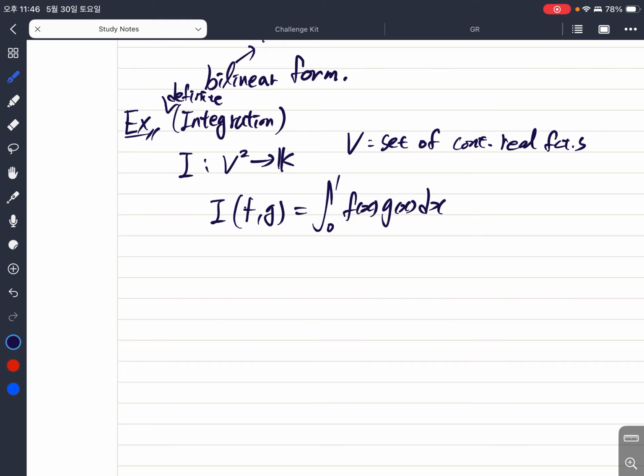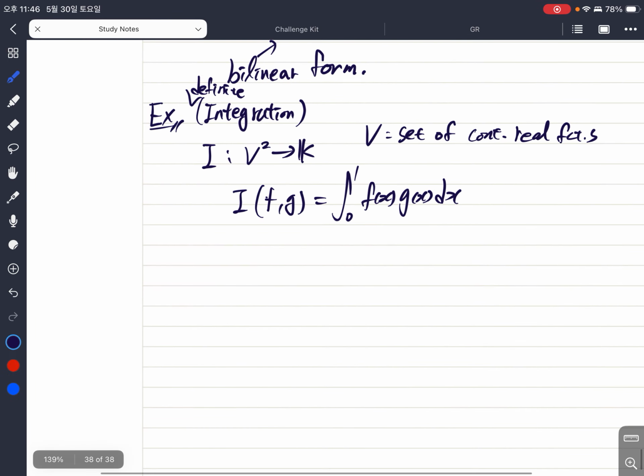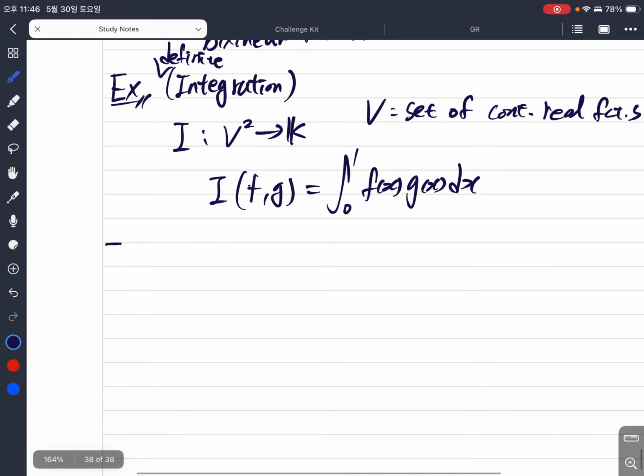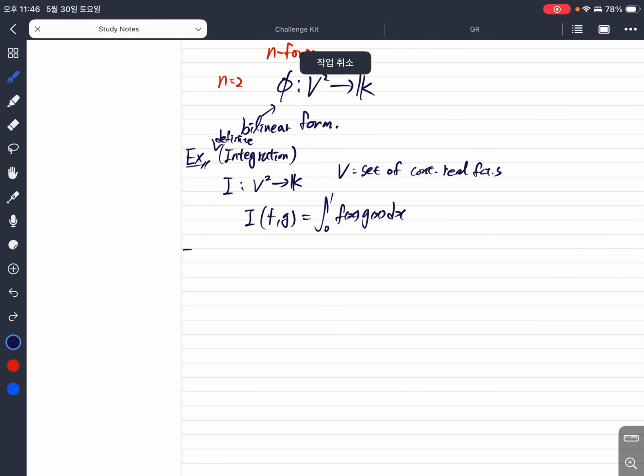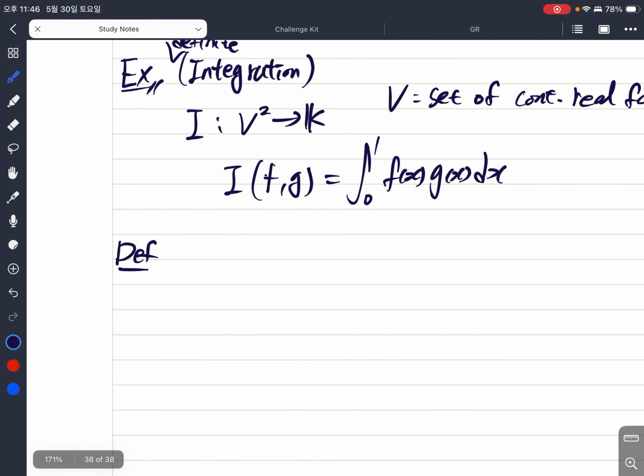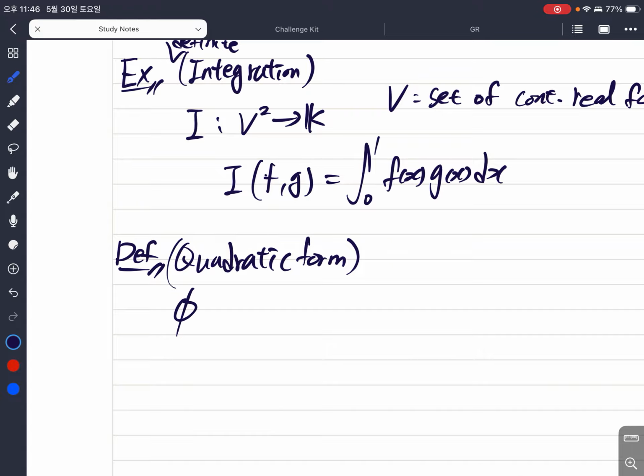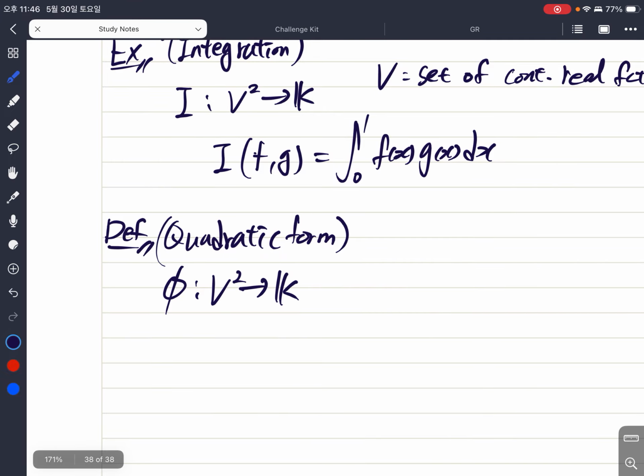And also there is something special with the bilinear form. You can define a quadratic form. Sorry, it is a definition. I think this is a nice example showing that the bilinear form is not linear.